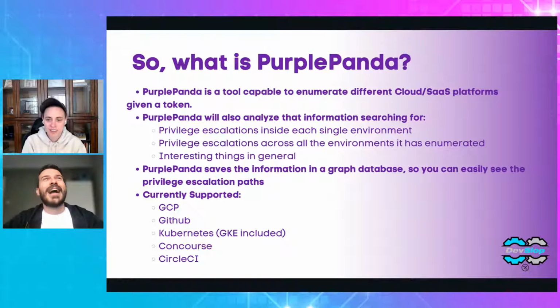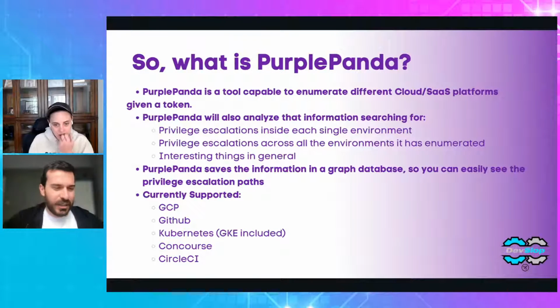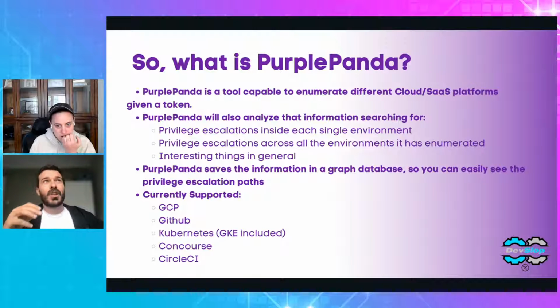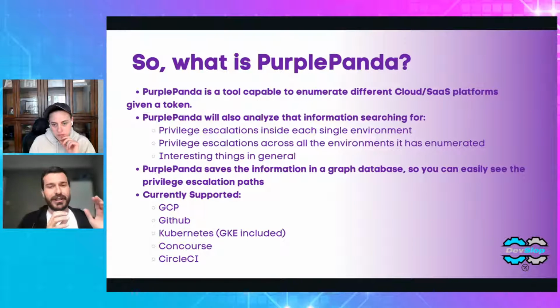Okay, forget AWS. I'm working on it, but for example, if we take Google Cloud Platform, which is supported and I guess pretty similar to AWS, in order to enumerate GCP, you need some service account token, some credentials of a user to access the cloud, to enumerate it. And in order to enumerate GitHub, you need a token or some other credentials to enumerate GitHub.